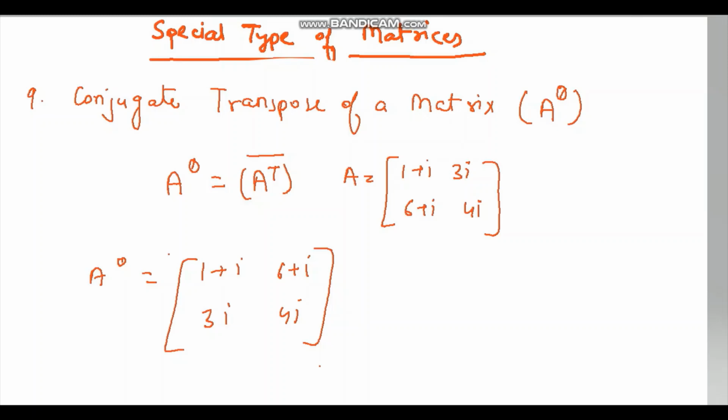And then what will we do? Conjugate. Means 1 minus i, 6 minus i, minus 3i, and minus 4i. Okay, next we will see some properties of the conjugate transpose of a matrix.